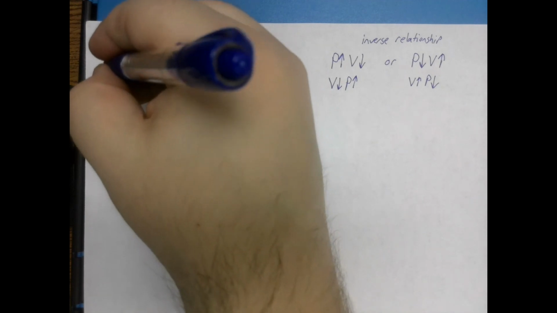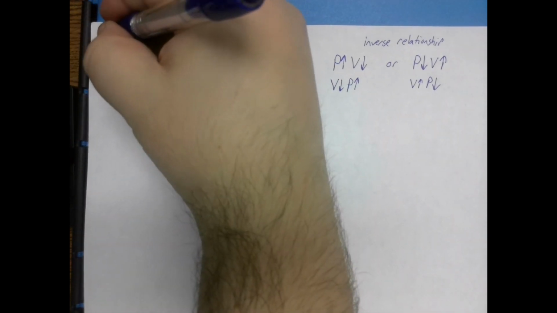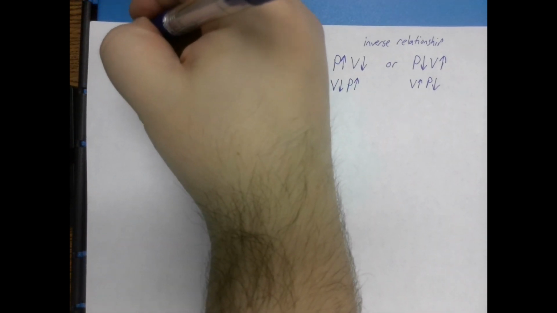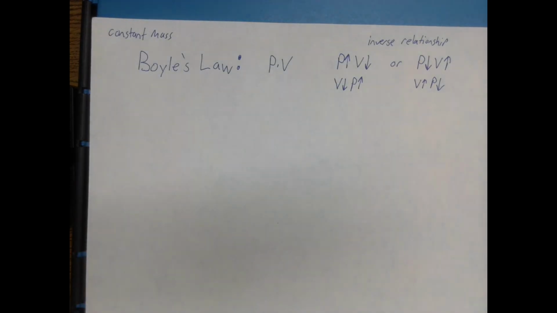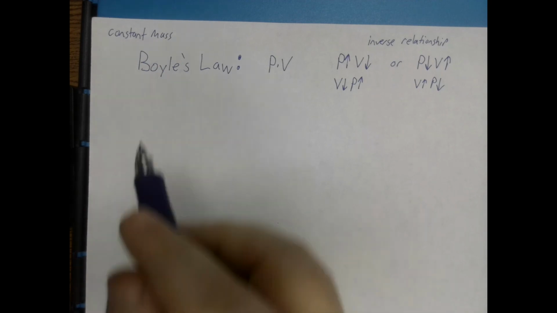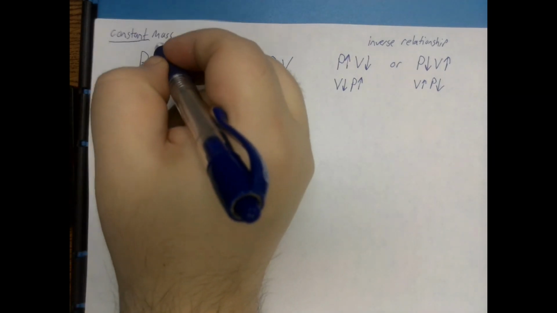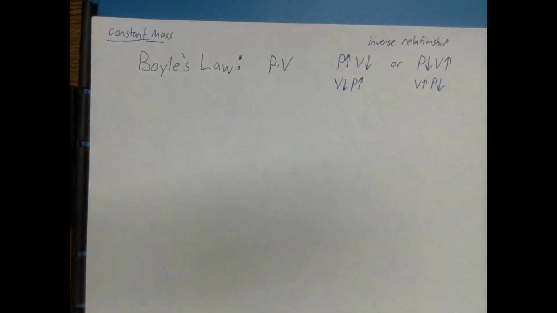All three of these laws depend on constant mass. When your tire is leaking, are you losing air? You are losing mass. So the reason your example doesn't apply is we're not having constant mass. All three of these laws deal with constant mass.